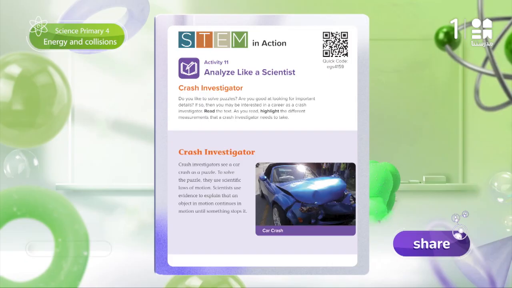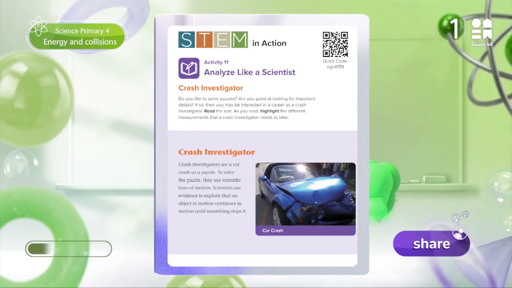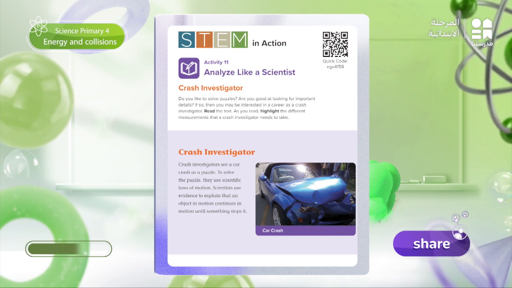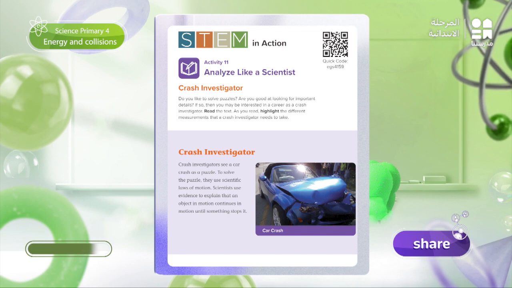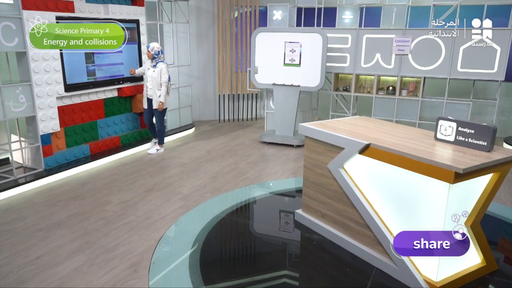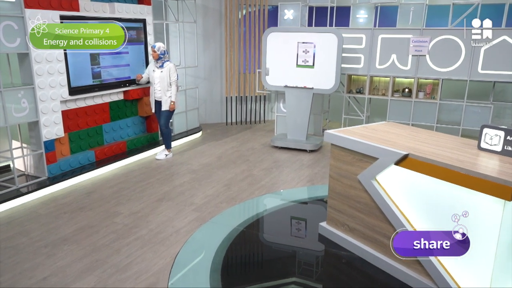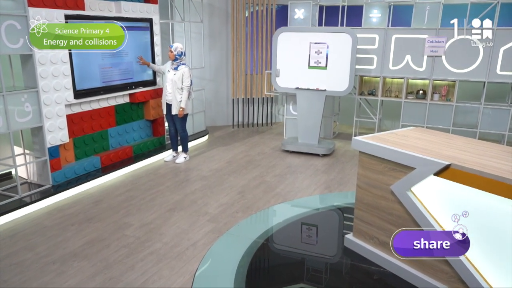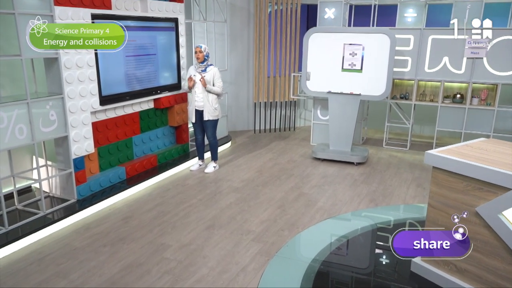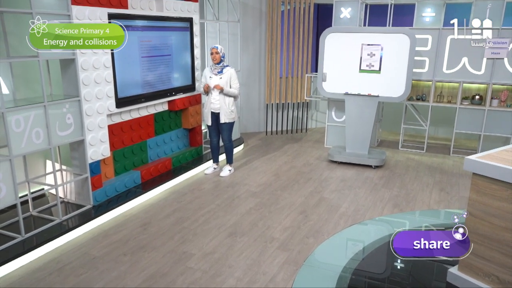So let's read the text and analyze it. هتلاقوا التكست في page 236 and 237 in your book.